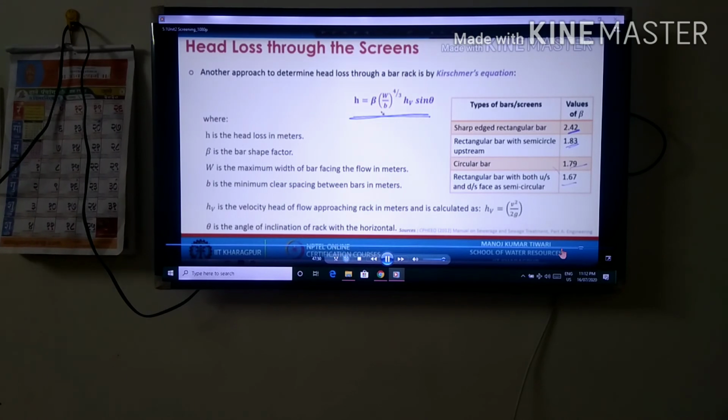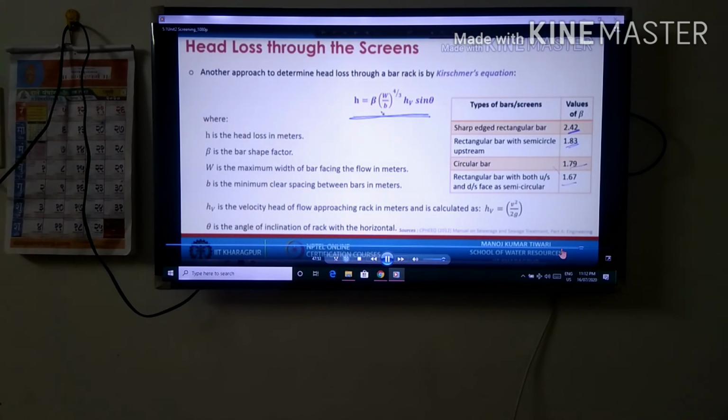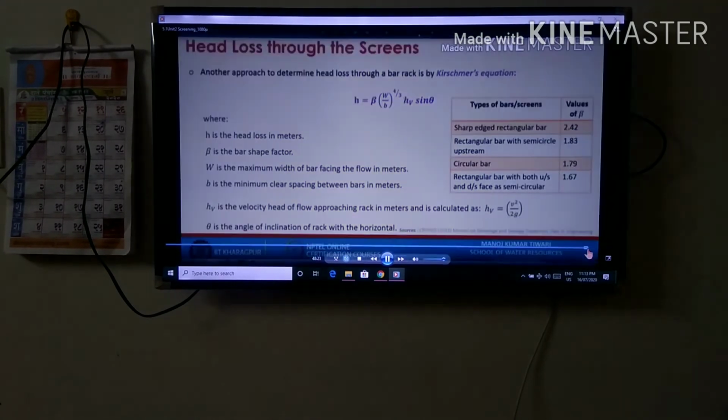W is the maximum width of the bar facing the flow in meters. B is the minimum clear spacing between the bars in meters. HV is the velocity head of the flow approaching the rack in meters, which is calculated as V² / 2g. And theta is the angle of inclination of the rack with the horizontal. Like if it is kept at 45, theta becomes 45 degrees. So this is another approach for estimating head loss.